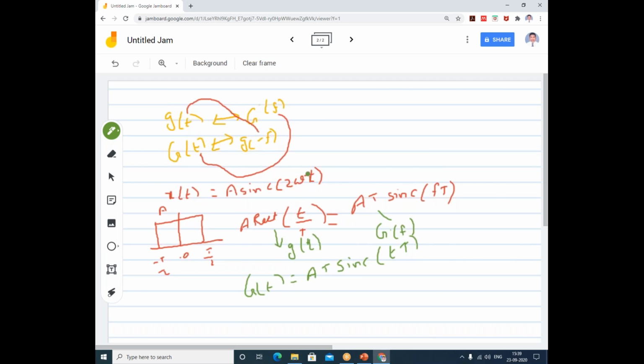Compare it with the problem given to us. The given problem is a sinc 2 omega small t. So your capital T is nothing but 2 omega. Now if you write capital T as 2 omega, then I can write capital T sinc 2 omega t.